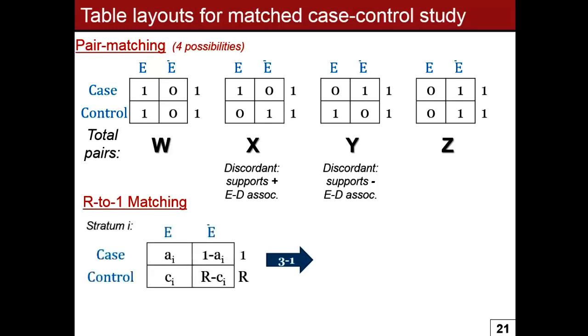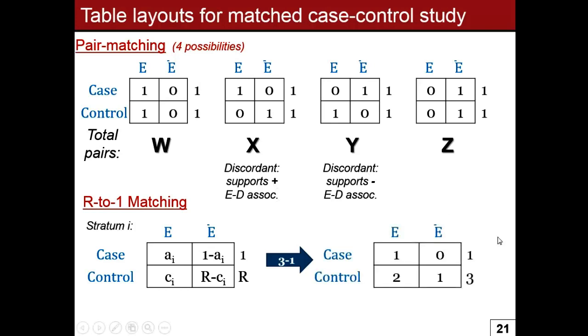Now, in the R-to-1 matching situation, there are many possible tables. There's not just this closed universe of 4 tables. Imagine a 3-to-1 matching situation. You can get a table that looks like this: 1 case, 3 controls. The case is exposed, and you have 2 controls that are exposed and 1 control that's unexposed.